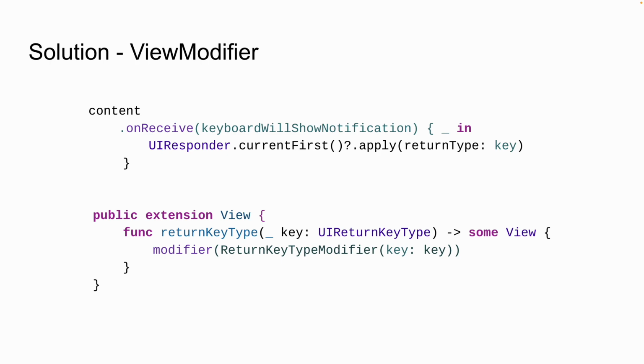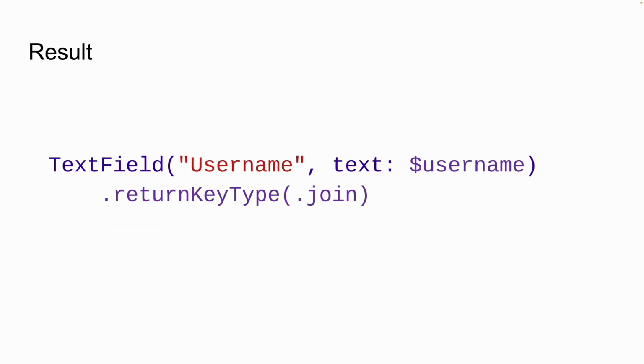And for the modifier, to make it more convenient, there is this extension for View, returnKeyType. And in the end, it could be as simple as this. It's very similar to what it was for iOS 15, just with a different name.